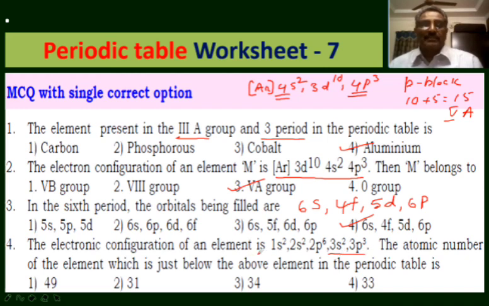The atomic number of this element is 2 plus 2, 4, 4 plus 6, 10, 10 plus 2, 12, 12 plus 3, 15. Atomic number is 15. The atomic number of the next element in the same group will be 15 plus 18, that will be 33. So the correct option is the fourth option.